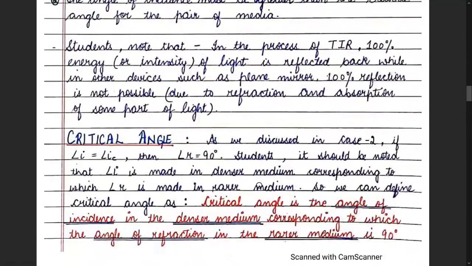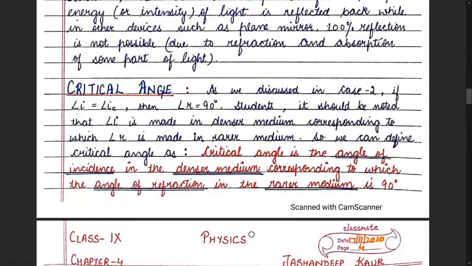So students, if angle of incidence is equal to critical angle, then angle of refraction is 90°. It should be noted that angle of incidence is made in denser medium, corresponding to which angle of refraction is made in rarer medium.